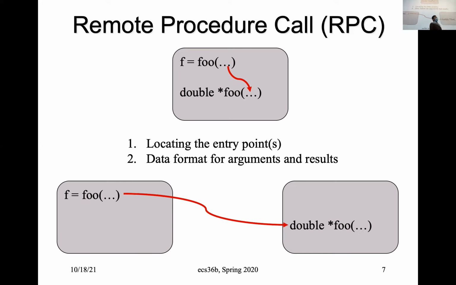So the memory address doesn't make sense unless the server wants to manage the memory on its machine. That's the only possibility. But anyway, whatever result you get will be returned to the caller, just as if it had made a regular procedure call. So this is called RPC.